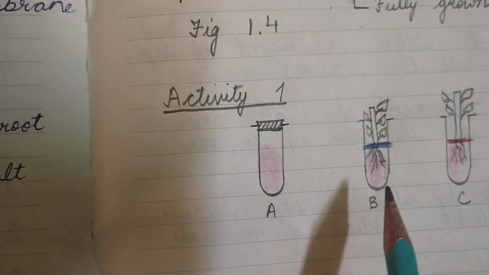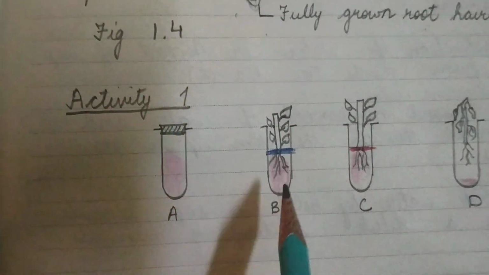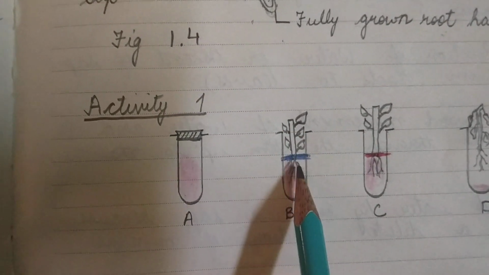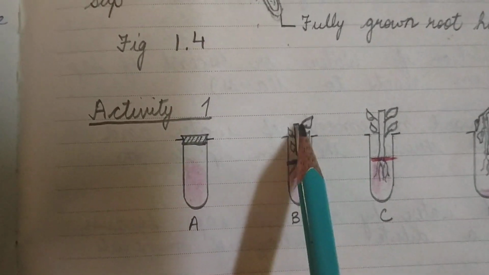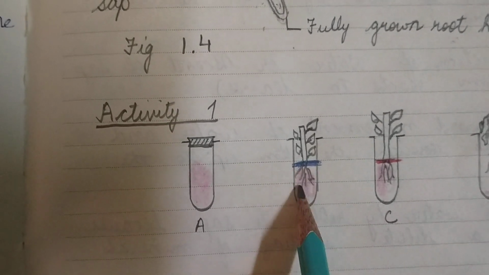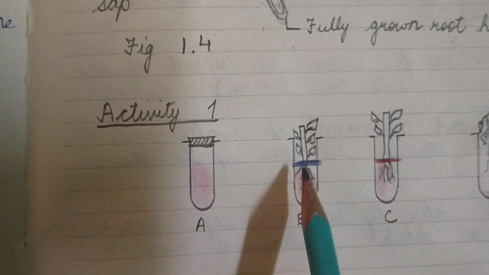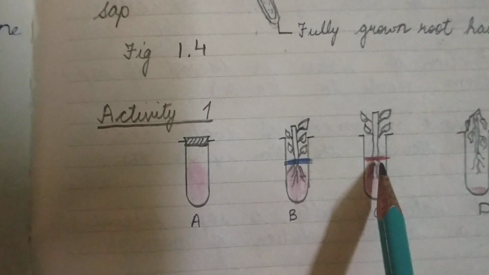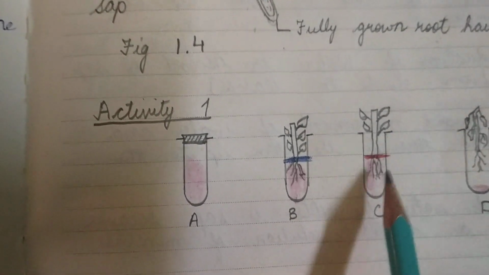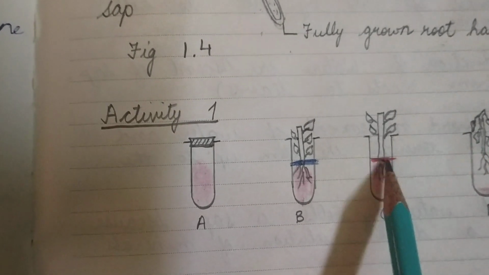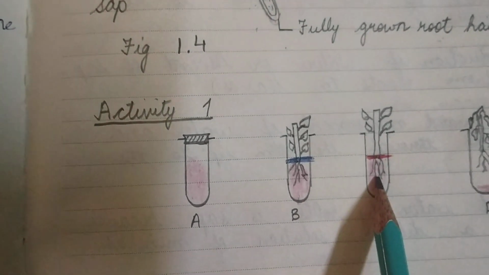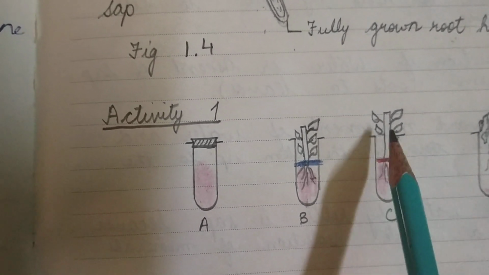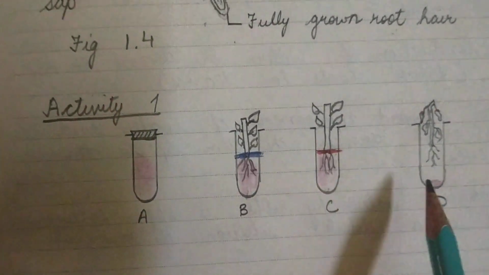In the B test tube again we have taken the colored water and placed a twig of the plant, with the roots still attached to the plant. Then we have the third test tube. In this we have added red colored ink, so as to see where this red colored water is moving.